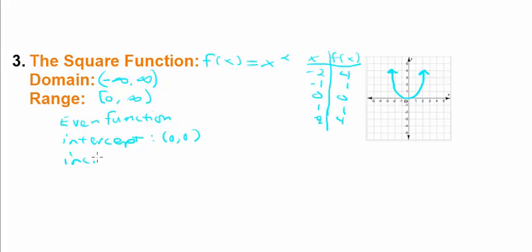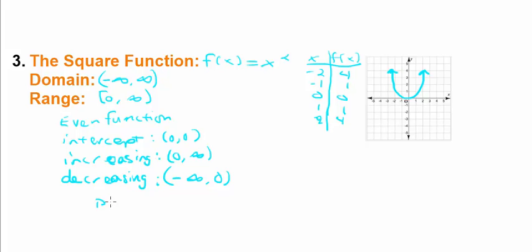We also know that it's increasing for the interval 0 to infinity, and decreasing from -infinity to 0. Finally, the shape of this graph has a special name, and it's called a parabola.